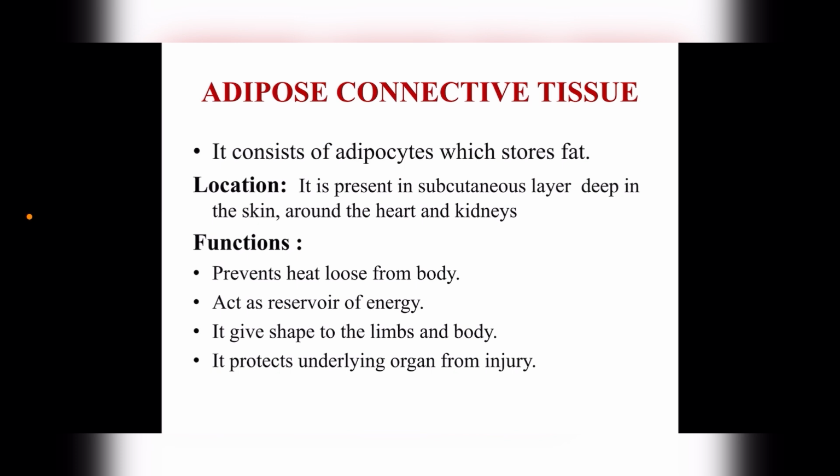Following are some of its functions. It prevents heat loss from the body, that means thermal insulation itself, and it acts as a reservoir of energy, and it gives shape to the limbs and body, and also it protects the organs from any chemical, mechanical or physical injury.